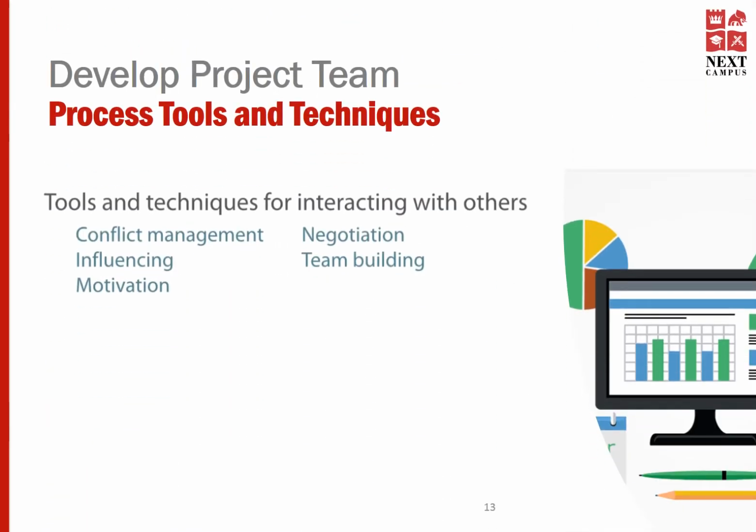Previously, we discussed some of the tools and techniques for interacting with virtual teams. These tools and techniques can be used in any context, mainly when you have face-to-face communication. However, in a virtual context, you can use all of them. Number one is conflict management.